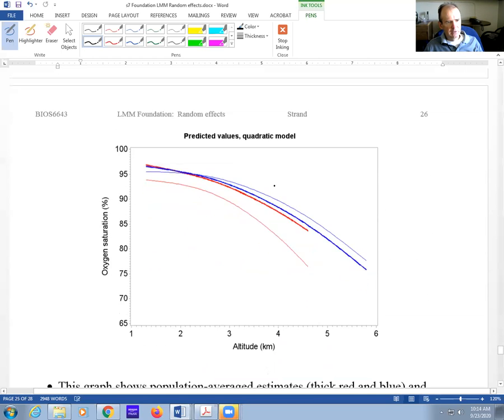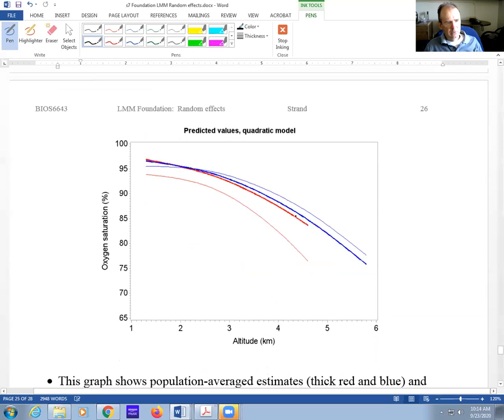But specifically, let's look at one of the predicted values for a subject in the no diamox group, and then another for a subject in the yes diamox group. Now, you look at this curve. Does that look more curved compared to the population average, this red line, or the red curve?